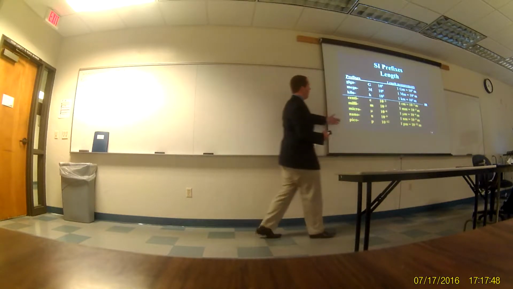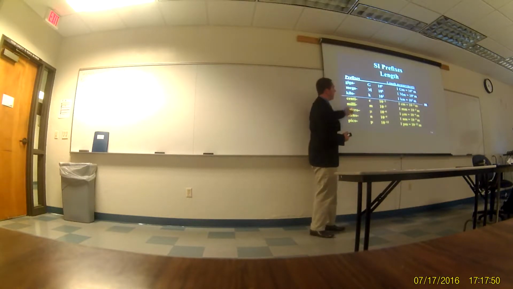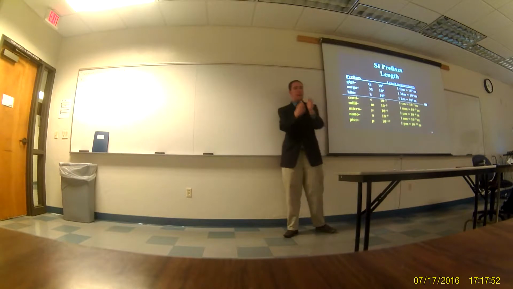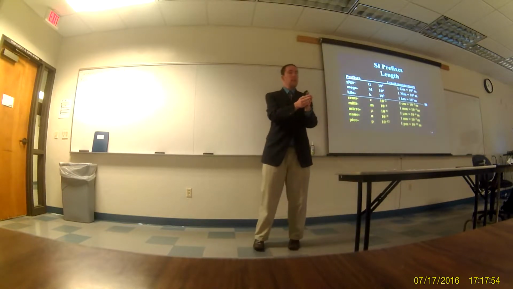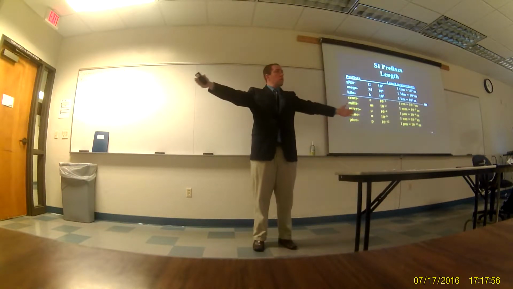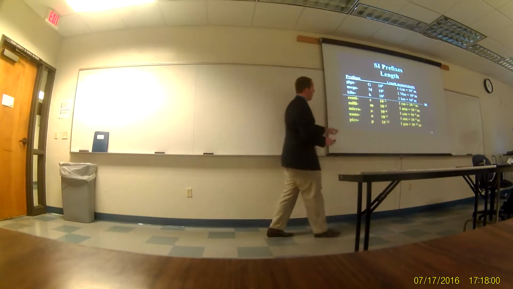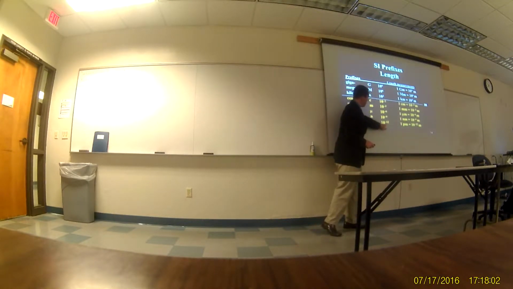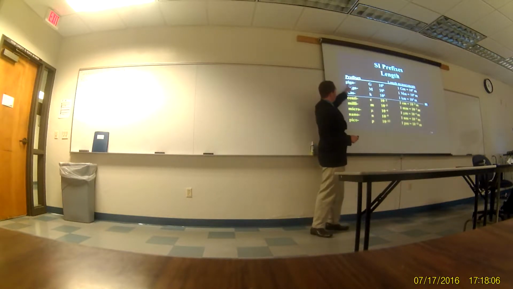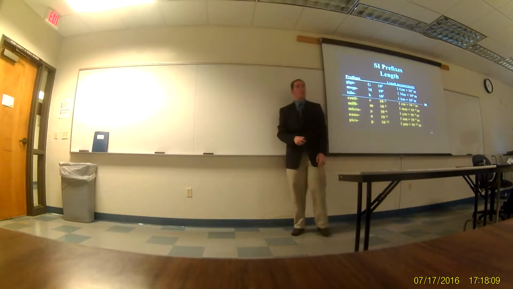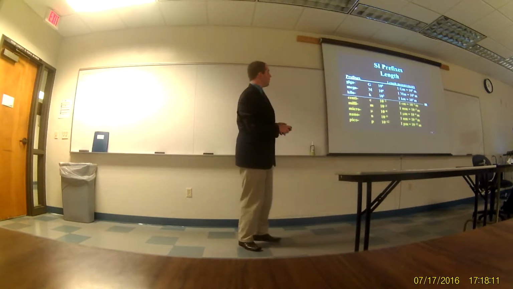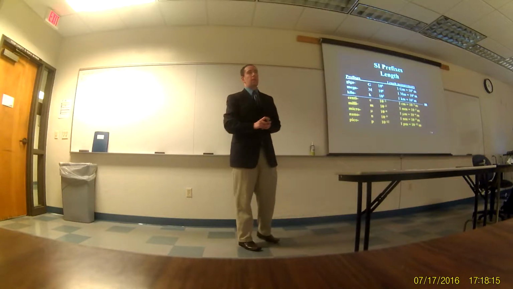So we have these prefixes, and that allows us to take our SI unit and deal with a huge range of values. Because we can go all the way from pico, which is a trillionth, all the way up to a giga, which is a billion. And all we have to do is keep our m here and change our prefixes.